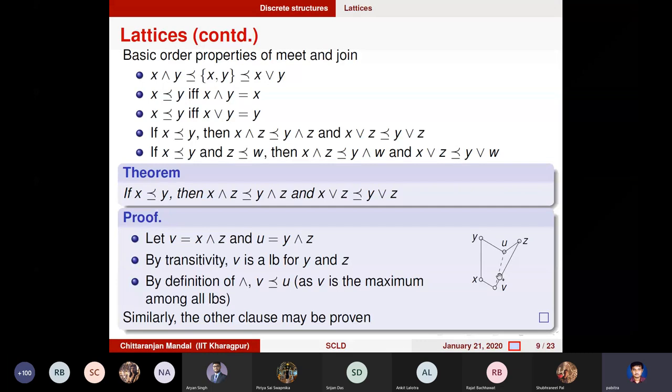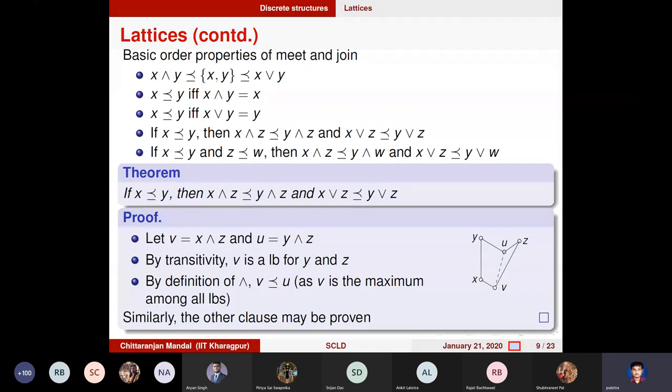We'll see other properties also later, and they are really important for join and meet, because we will show them to be equivalent to logic gates. You can already maybe figure that out. They are equivalent to the AND and OR gates.